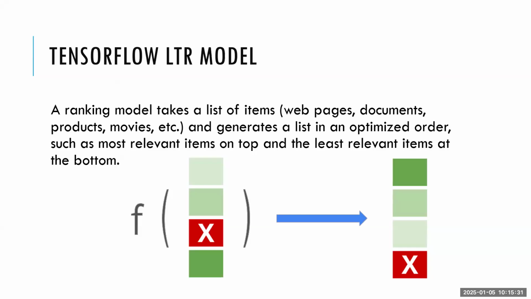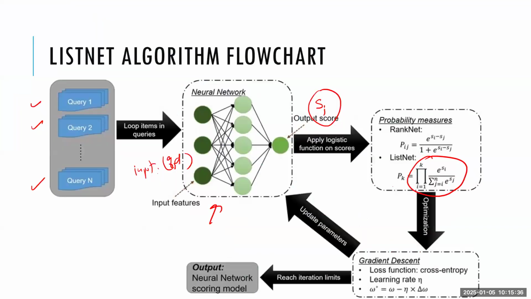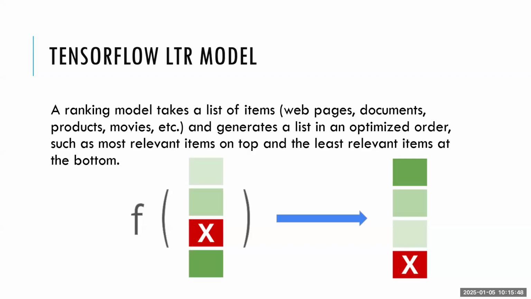basically your input, right? If you compare here, the neural network in ListNet, the input is only one query document pair, and then it's going to give the score. But for the TensorFlow learning to rank model, the input of the neural network is multiple documents, and the output is going to be four scores, or whatever the number of documents you input.